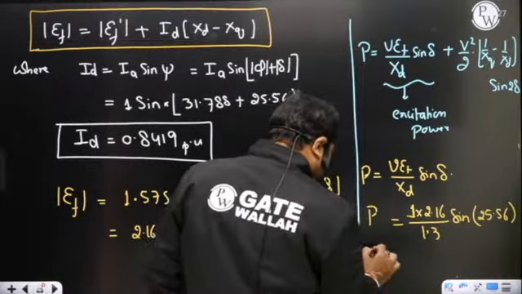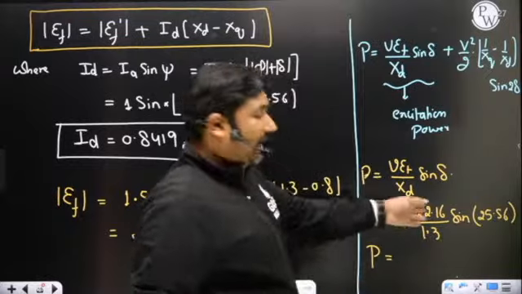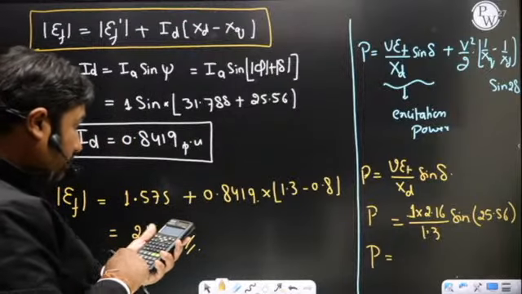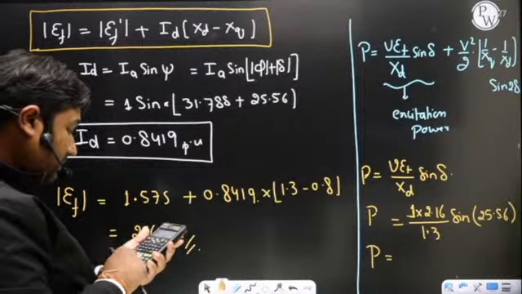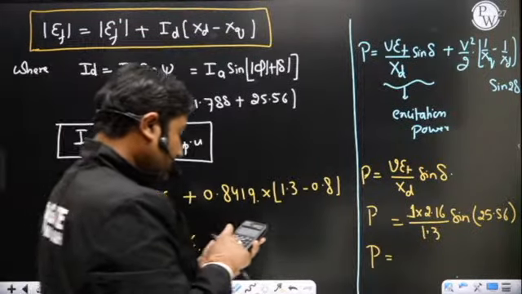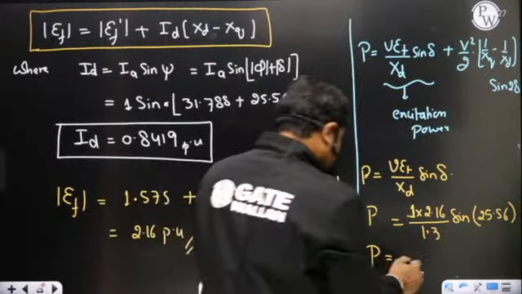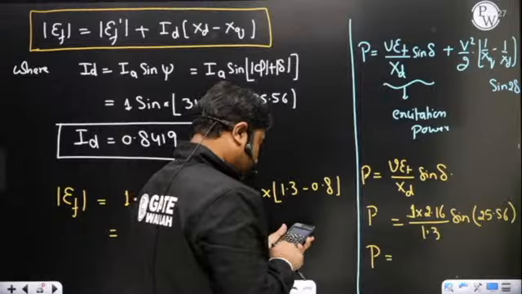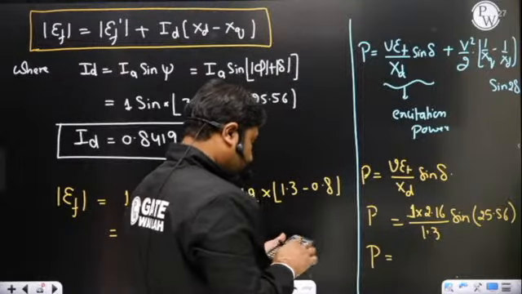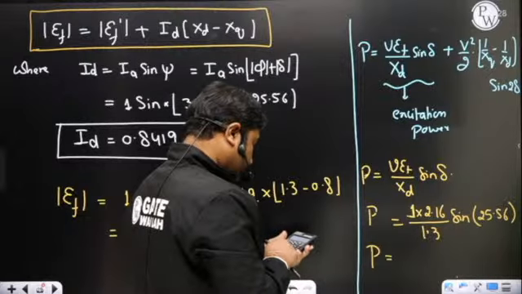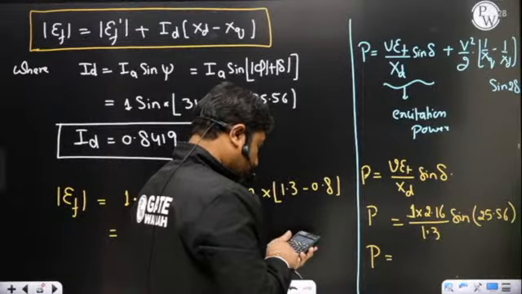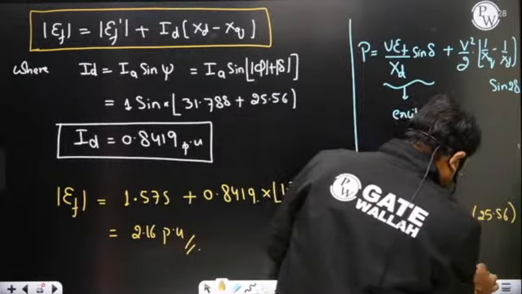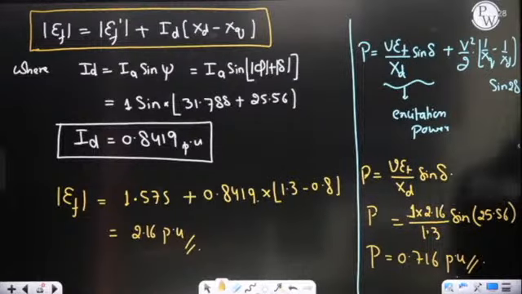I have made a mistake, because the values I have given are in per unit, so you need to put 1 into 2.16 divided by 1.3 sine of 25.56, which is .716 per unit. Kindly check the calculation.